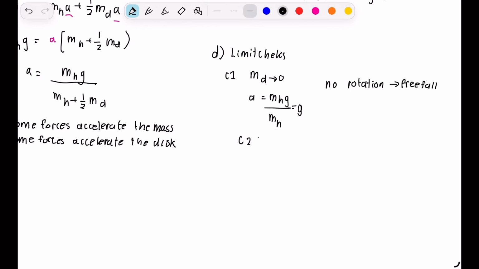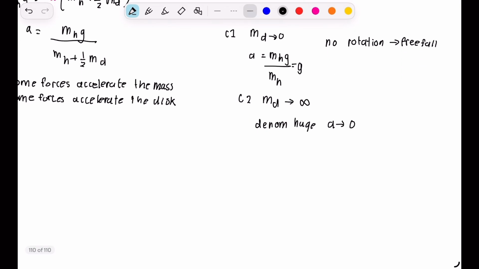Now case 2 would be if md approaches a very large number, if md was huge. Then our acceleration would approach 0 because we would keep dividing by a larger and larger number. That would make sense because then the disk would be too heavy to rotate.